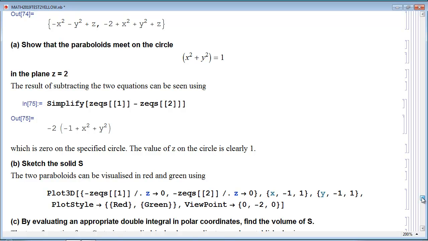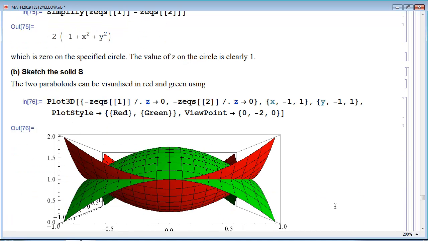Now we're supposed to sketch the surface, and we can do that using this. The red equation is the first one, and that's the lower paraboloid, and this is the upper paraboloid.